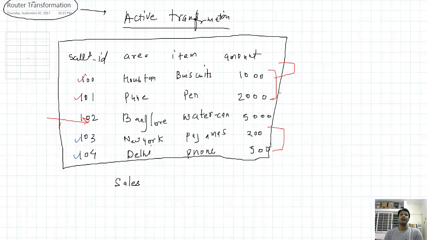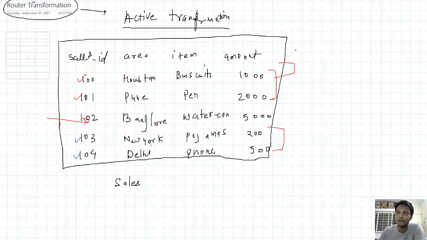Third one will be select star from sales where amount is greater than or equal to 5000. Okay. So observe the activity we did here. We divided our data into three separate parts. First part will be 100 and 101, second will be 102, and third will be 103 and 104.